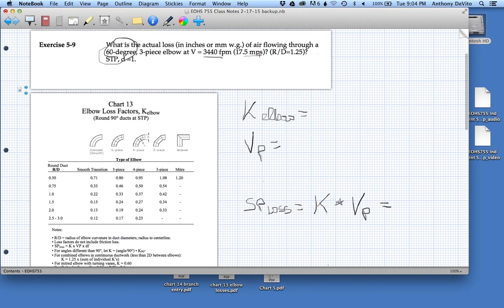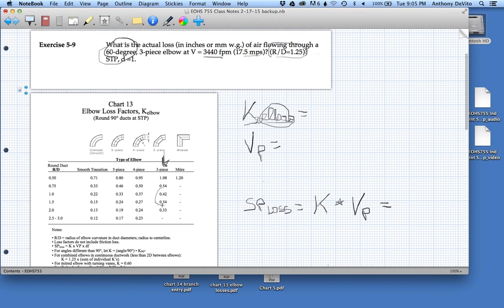And we could have done it in meters per second if we want to do that. R over D is 1.25. Well, I know that the K value, the constant for the loss for a 90-degree elbow, an elbow is typically 90 degree, right? For a 90-degree 3-piece elbow with an R to D ratio of 1.25.